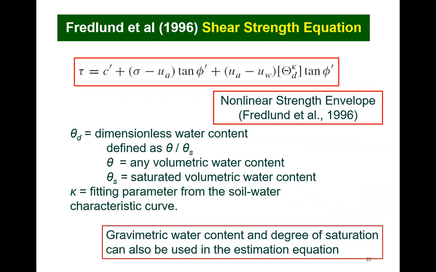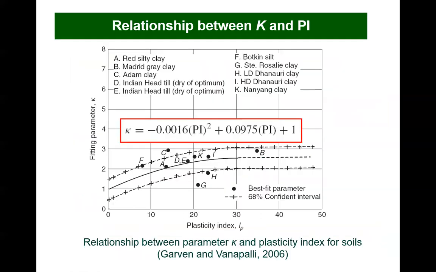For example, the dimensionless water content is based on the soil water characteristic curve, which can be defined in terms of volumetric water content, gravimetric water content, or degree of saturation. The kappa variable is an empirical fitting parameter related to the plasticity of the soil. The magnitude of the kappa parameter is based on the interpretation of a number of test results published in the research literature. Its magnitude usually ranges from 1 to 3.